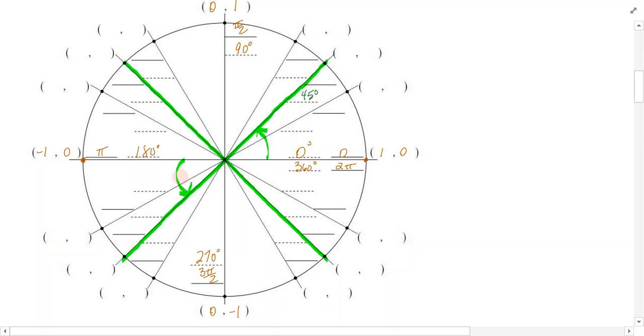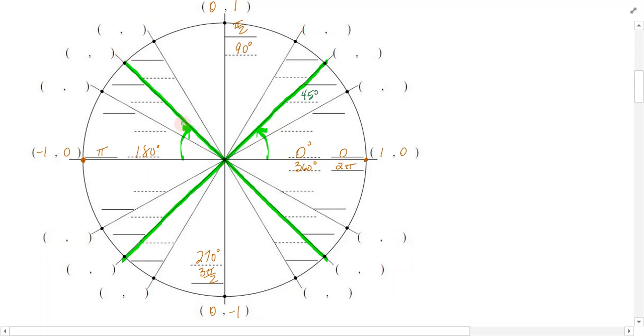Now, how do I determine then what is the angle? Maybe I should say it a little bit differently. What would the angle be if I rotated all the way around the circle and stopped here? Now we know that this is related in some way to this 45 degrees. This angle measurement here is 45 degrees, the reference angle, because that's the acute angle from the first quadrant.